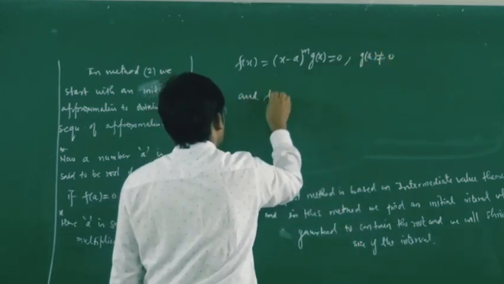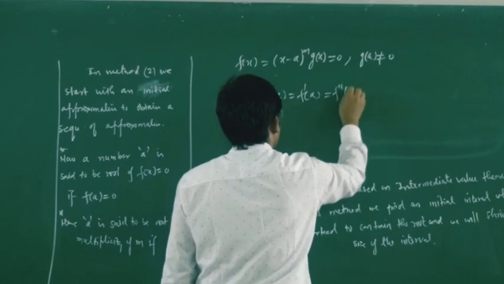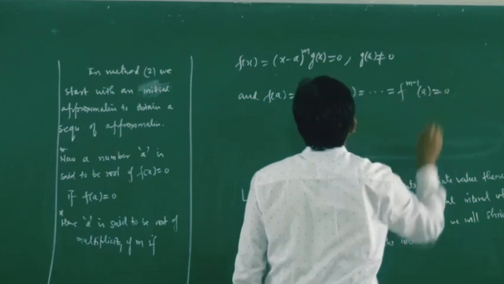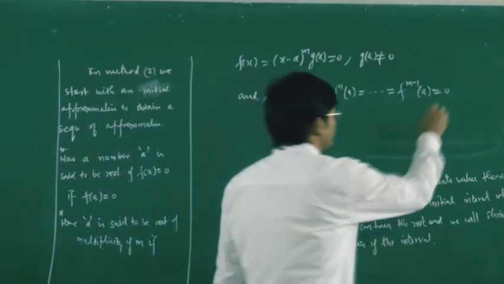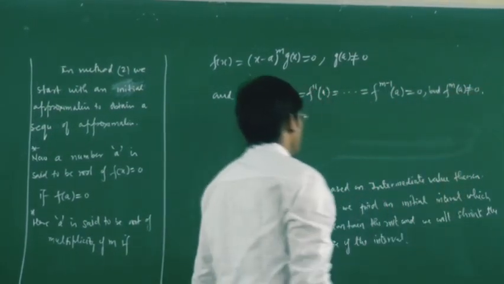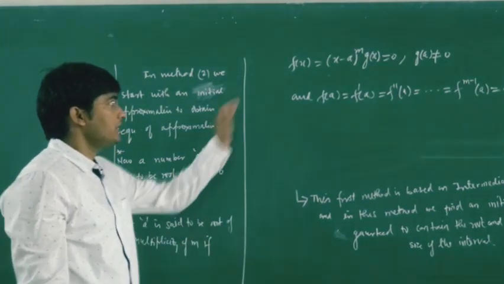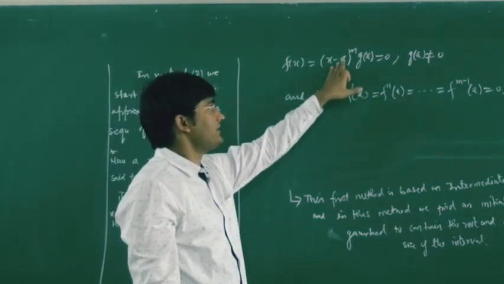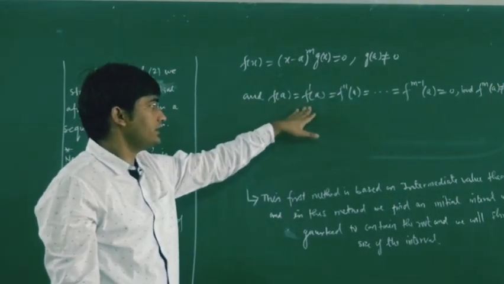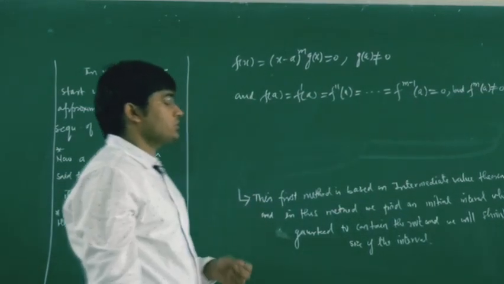In this case we will have f(a), f'(a), f''(a), up to f^(m-1)(a) equal to 0, but f^(m)(a) is not equal to 0.